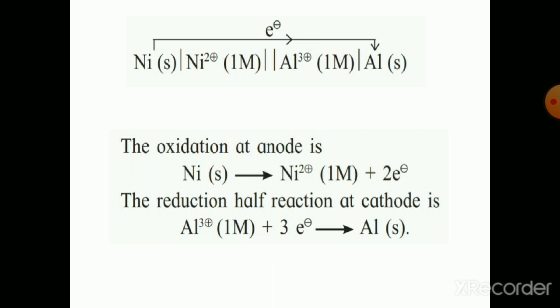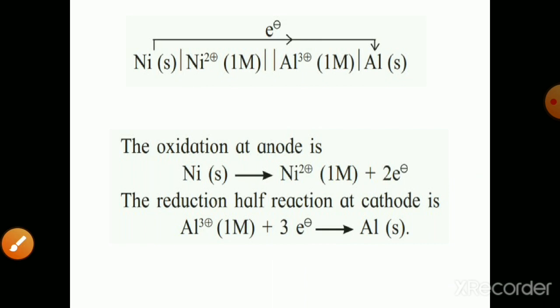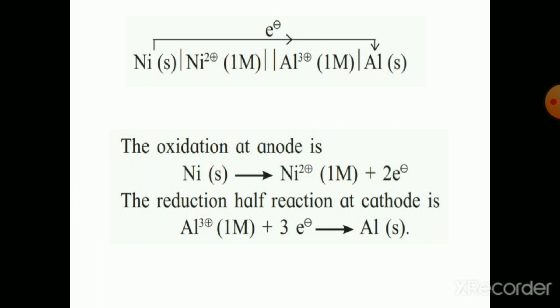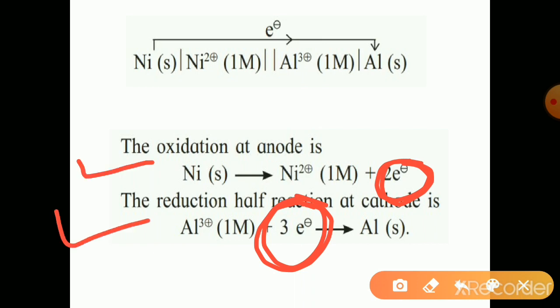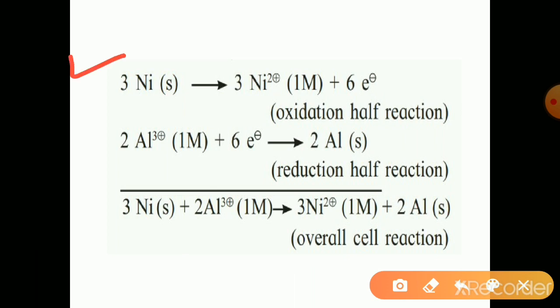In order to make it equal, you need to multiply these two half reactions with suitable integers, so that the electrons lost will be equal to the electrons gained. So I have multiplied the first equation by 3 and the second equation by 2. Completely till the end you have to multiply, so it is multiplied throughout.